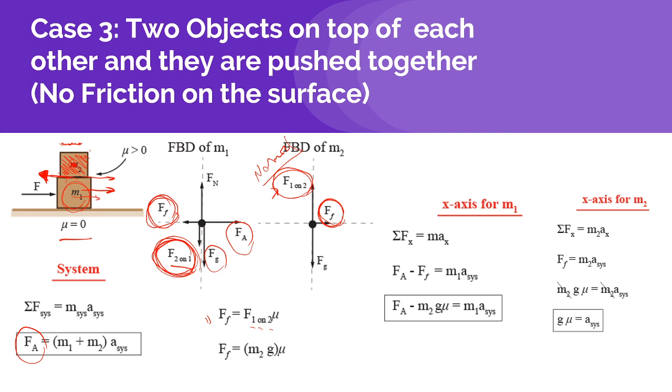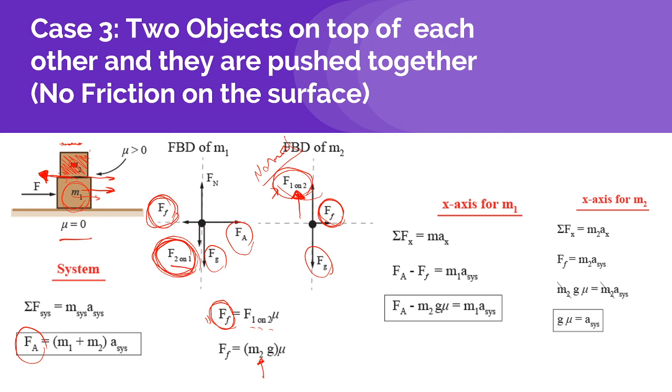So considering that your friction force is the same for both, and it will depend on the normal force, and since it's easier to find the normal force from here, it's going to be F1 on 2 times mu, which is M2g.